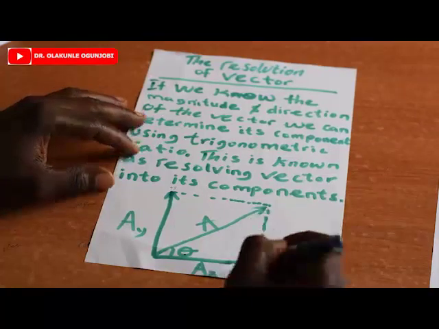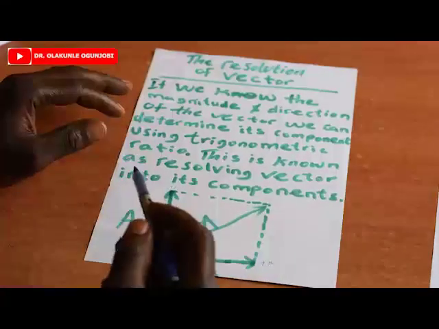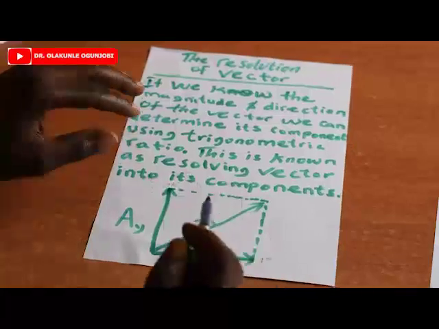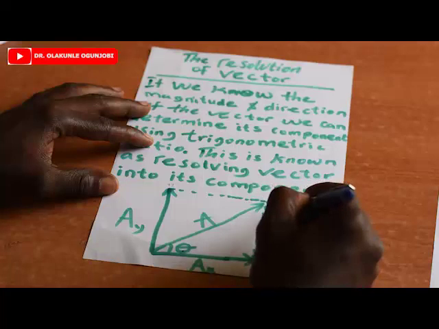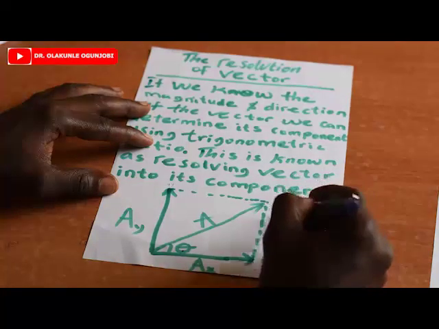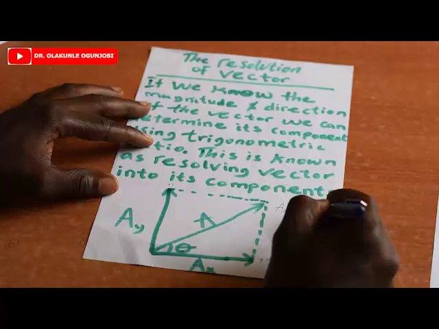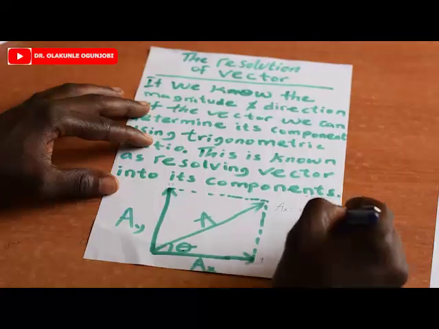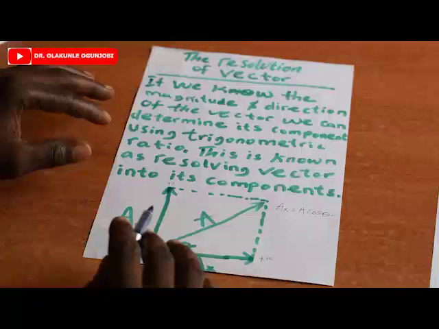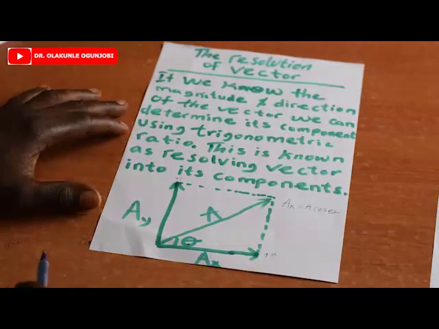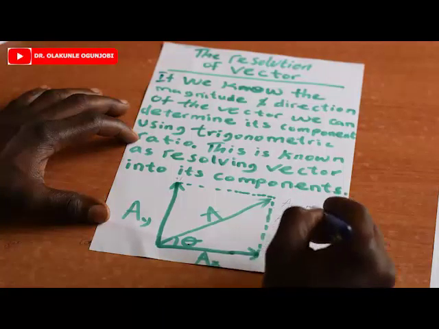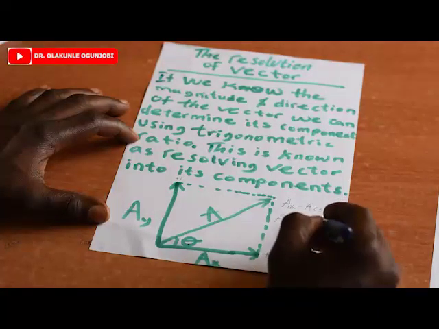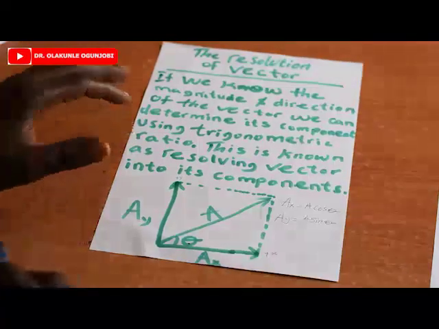So the x and y components of vector A can then be given as Ax equals A cos theta. And along the y direction, Ay will be A sine theta.